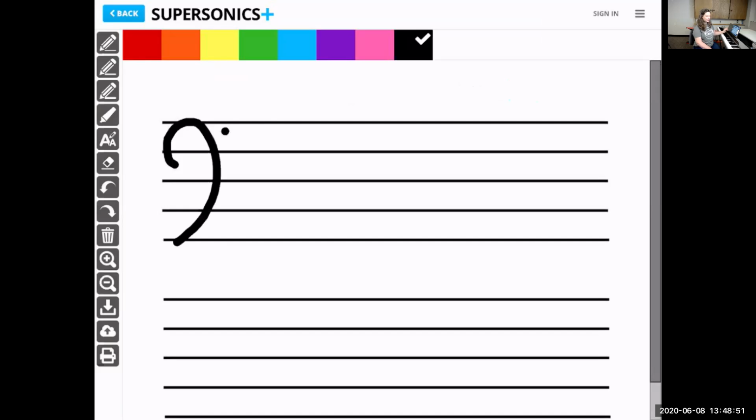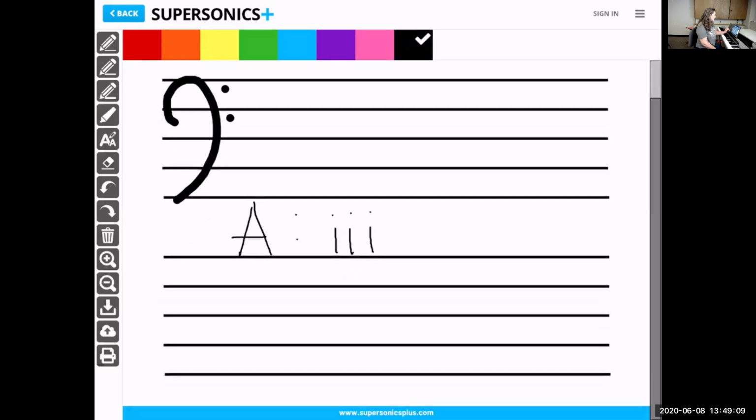Write my bass clef symbol. They want the key of A major, and they want you to draw the 3 chord, which will be a minor chord because we have a small Roman numeral there. And so again, I'm going to go just on some scratch paper, and I won't forget to draw my key signature here.